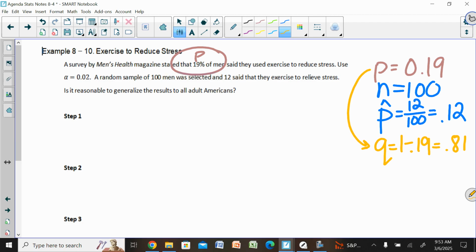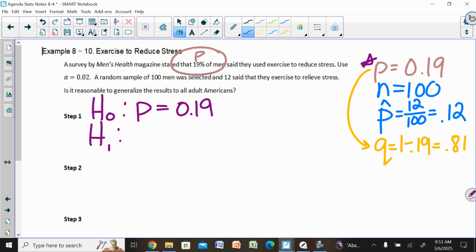All right, so let's start with our hypotheses. This one's interesting. I think our claim is H sub 0 again. So H sub 0, remember, we've already got that over here. Our p is equal to 0.19, or 19%. And there's nothing saying that it's right-tailed or left-tailed.